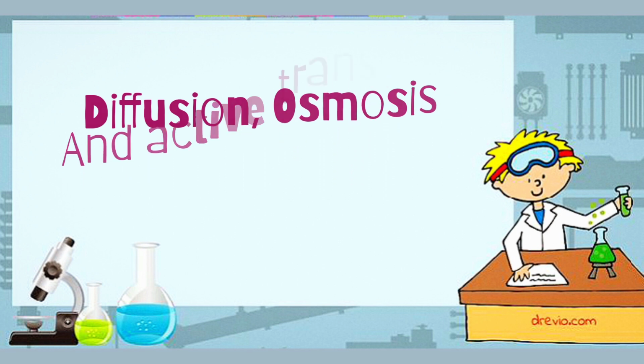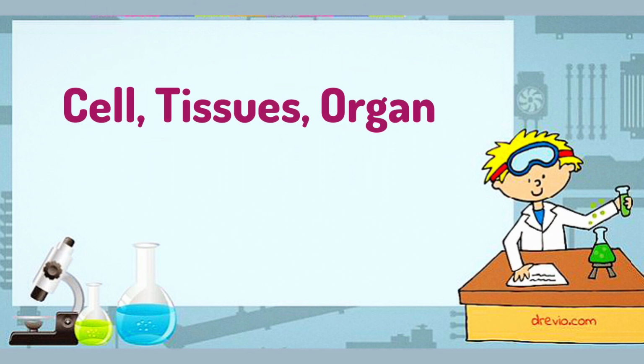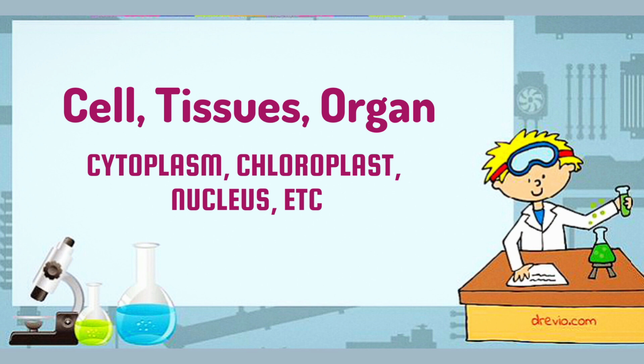The second thing is cells, tissues, and organs. There is one cell. A group of cells is called a tissue. A group of tissues is called an organ. And a group of organs is called an organ system. The first chapter, on cell structure, basically talks about the chloroplast and cytoplasm.